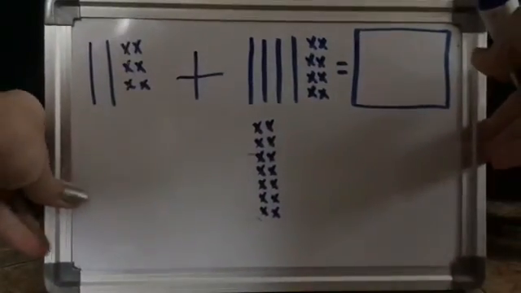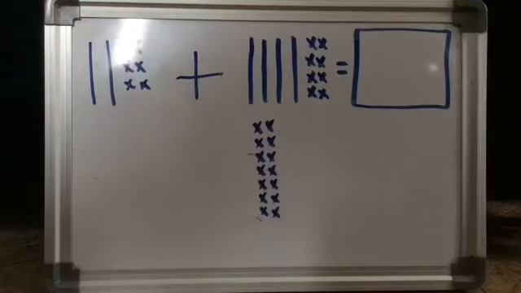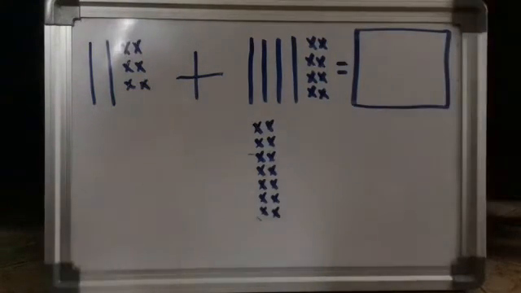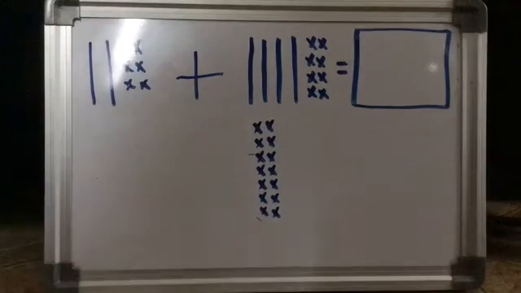Now, if we did not start counting our cubes first, then we wouldn't know that we need to trade for a rod or we need to trade for a 10. So now that I have my 14 cubes that I added up here, I'm going to take 10 of them. 1, 2, 3, 4, 5, 6, 7, 8, 9, 10.